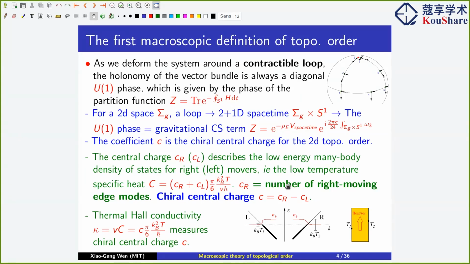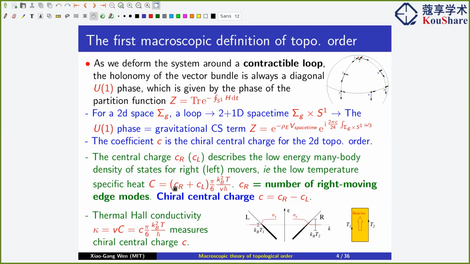It's normalized this way. Because when you have a phonon in one dimension, the heat capacity will be proportional to T, and also the velocity. The coefficient is 1 for the phonon. But in general, for an edge mode, the coefficient may be 2 or maybe 1/2, things like that. And this is formally called the central charge.